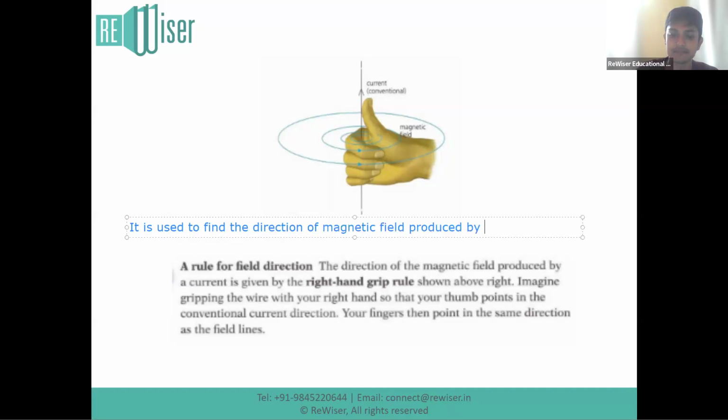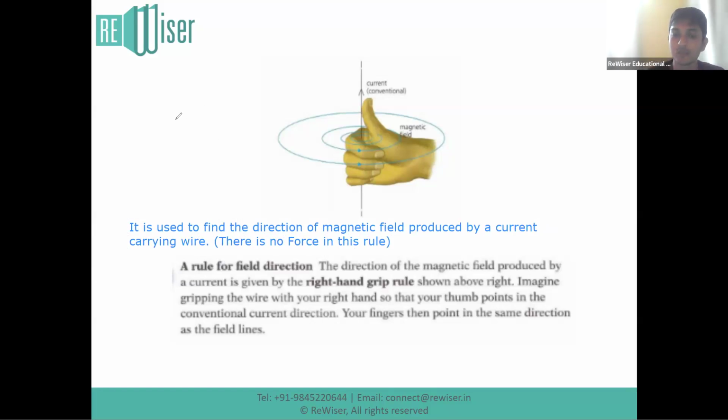That's it. A current carrying wire. Please note, there is no force in this rule. Why is there no force? I'll explain in a while. First, let me explain the rule.